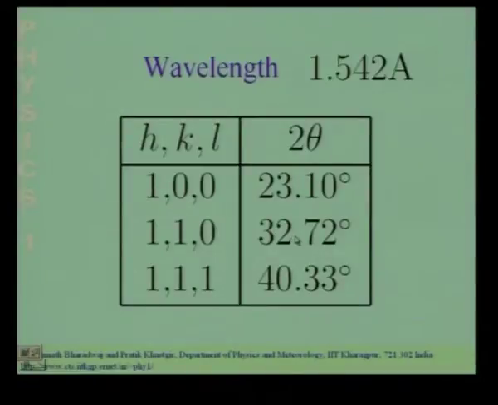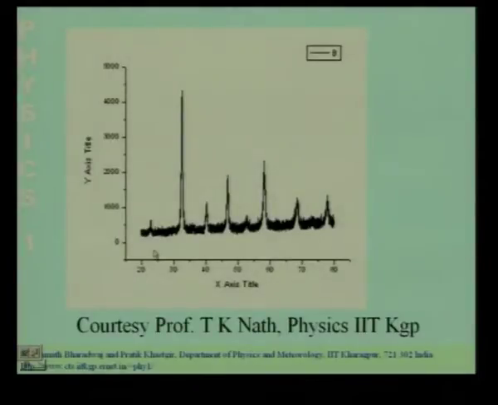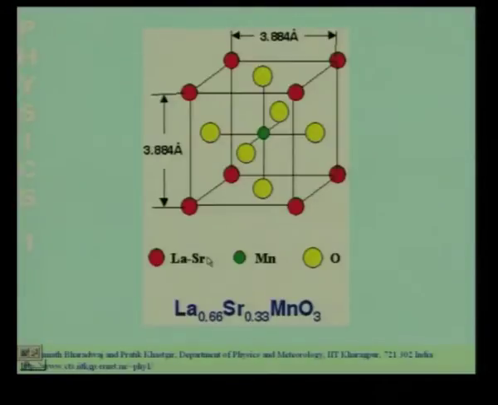This table shows you the angles where you have the different maxima. The wavelength of the incident X-ray is 1.542 angstrom. What has been done here is, we have taken this graph and measured the angle corresponding to these maxima.